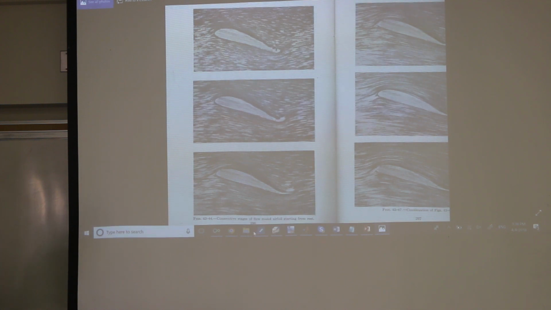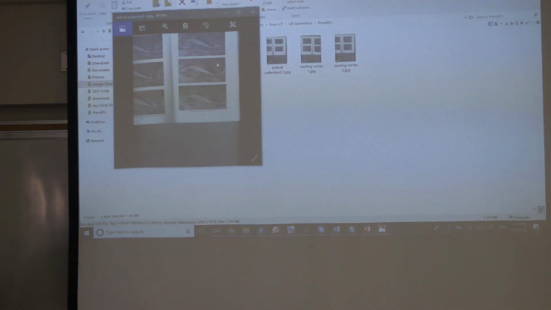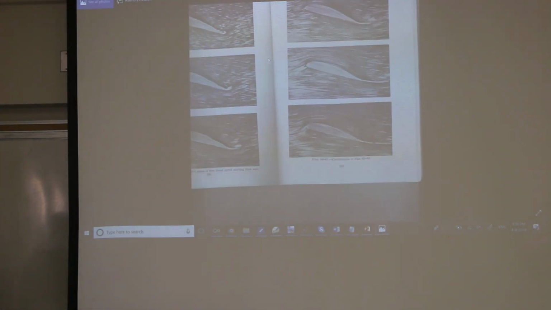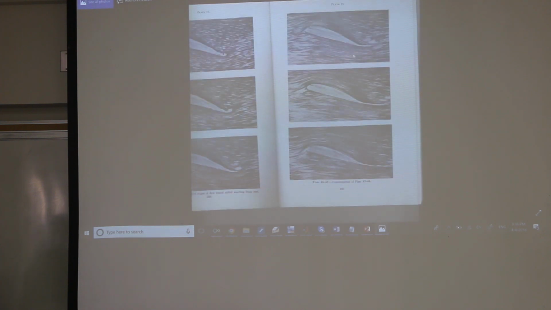So I'll show you some other pictures emphasizing the same thing. So this is later in time. You can see here, this is the last set of pictures I showed you. Here there is another set of pictures later in time. So the starting vortex shed away, and you can see now you reach the steady state flow. We will come to this later on when we discuss the Kutta condition.